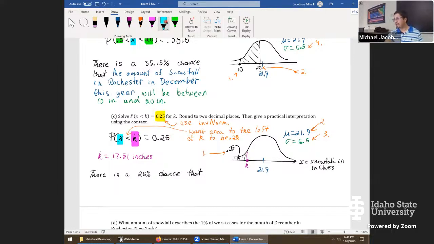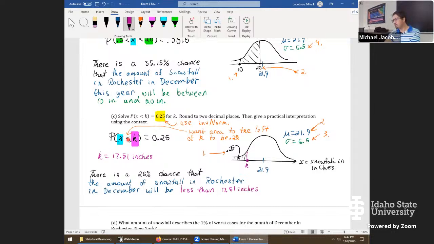Now we're talking about X, so we can highlight that in blue, the amount of snowfall in Rochester in December will be, go back to our value for K that we just found. Also, we have a direction, so we'll say less than 17.51 inches. And that would be our interpretation for this problem here.